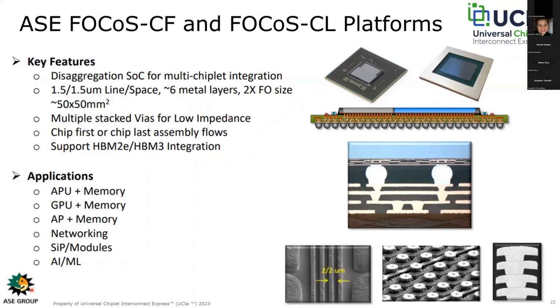So it's better because you can test the interconnect before you actually commit the chips to the package. And this technology supports up to 6 metal layers, as well as high bandwidth memory integration. And the fan-out area size can be up to about 50 by 50 millimeters square.